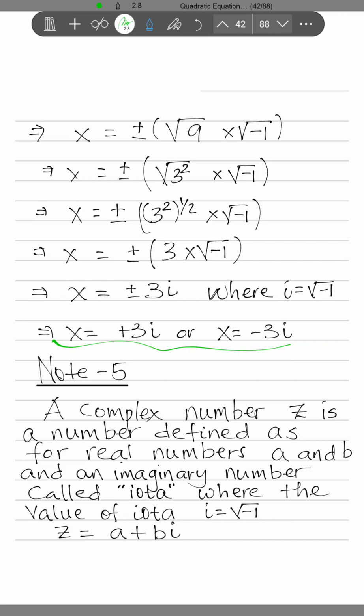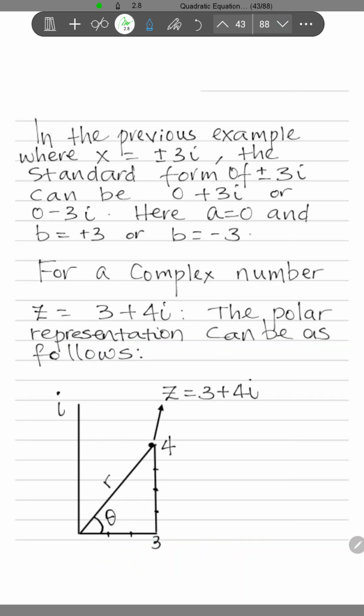A complex number z is a number defined as z = a + bi, for real numbers a and b, and an imaginary number called iota, where the value of i is the square root of minus 1. So there are two real numbers here. One is a, another one is b, which is connected to i.